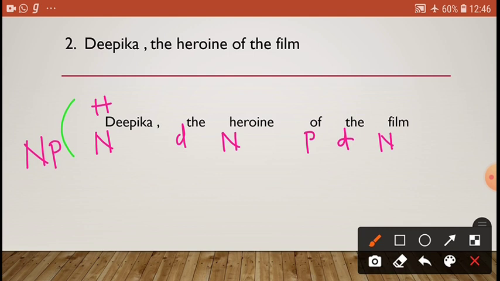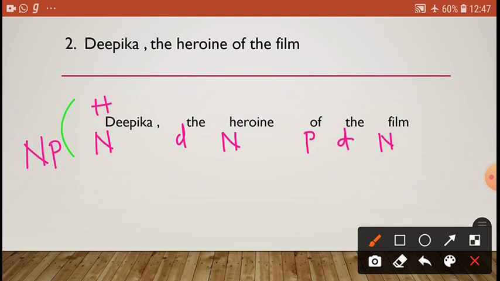Now, while giving function labels we will have to see if there is a modifier or any other phrase that functions as a modifier.